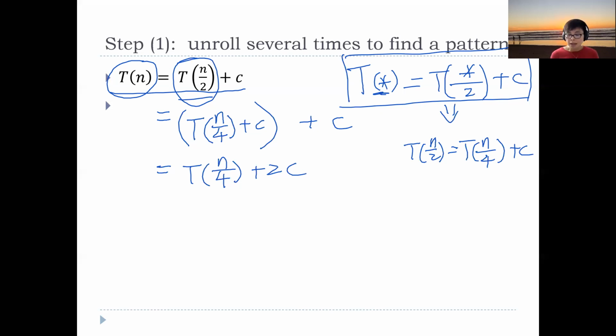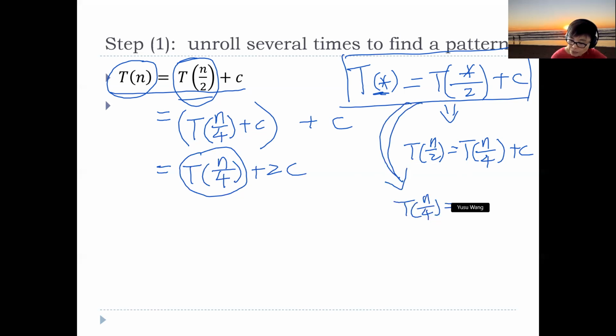We look at this, and again we don't like it because we don't know what that is. I don't know what that is, but I can make it even smaller. Now using the same relation on n over 4, we plug it in here.